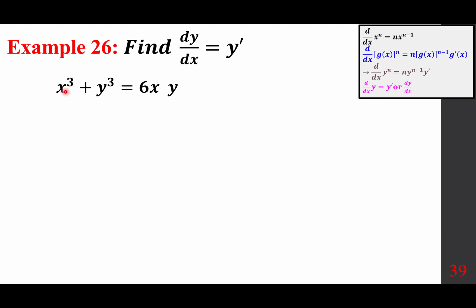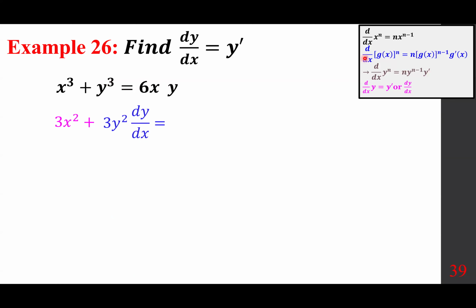We start with x cubed, we get 3x squared. Y cubed, again, I remind you, the derivative of y is y prime or dy dx. But if it's y to the power of n, it is n y to the power of n minus 1 y prime. Therefore, for this one, we're going to say 3y squared dy dx or y prime. Please understand, y prime or dy dx.